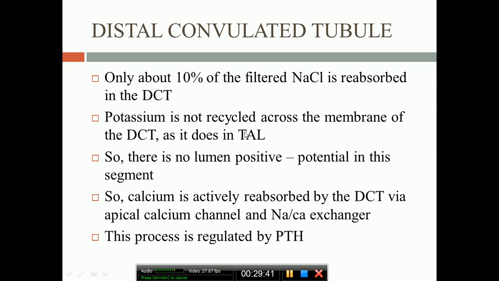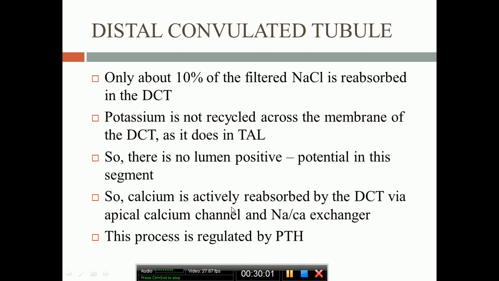Potassium is not recycled across the membrane of the DCT as it is in the TAL, the thick ascending limb of loop of Henle. So there is no lumen positive charge in this segment, which occurs due to potassium recycling.